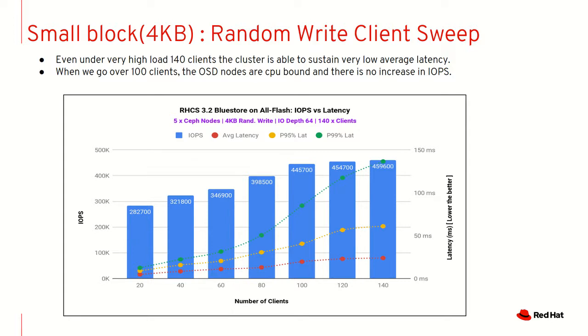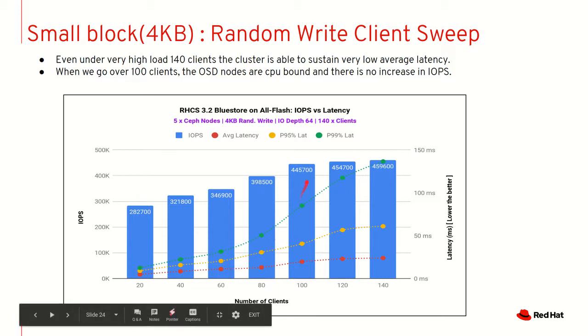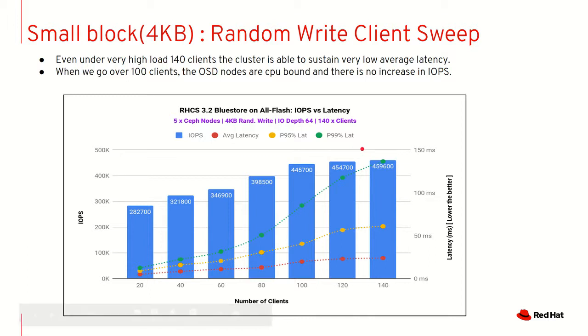One of the things that we can see here is that when we go over 100 clients, there is almost no increase in IOPS because the OSDs are already CPU bound. Also, we can see that when we go over 100 clients, the tail latency starts to increase very, very quickly because we are already saturating the CPU.